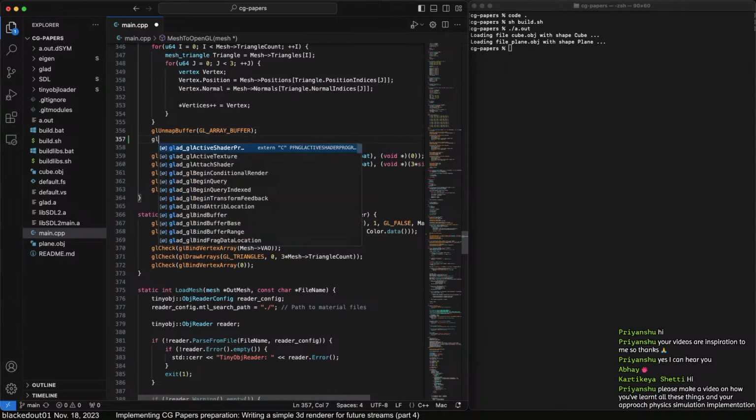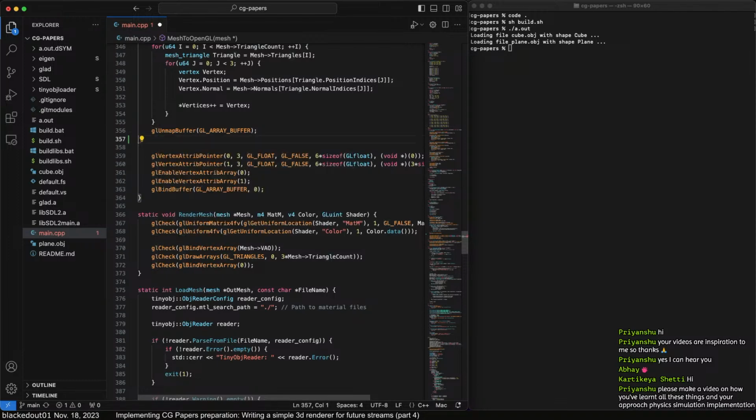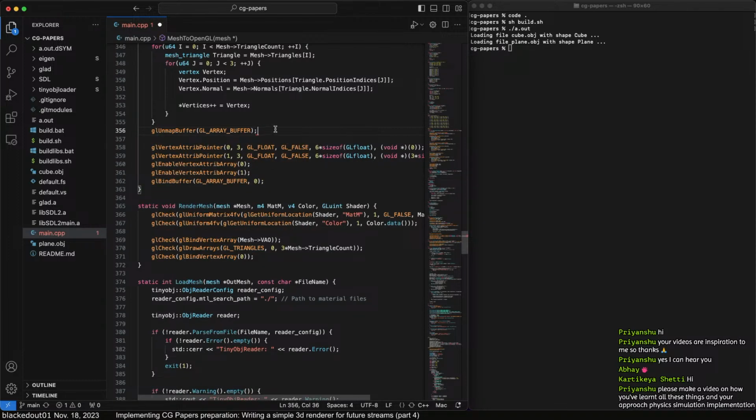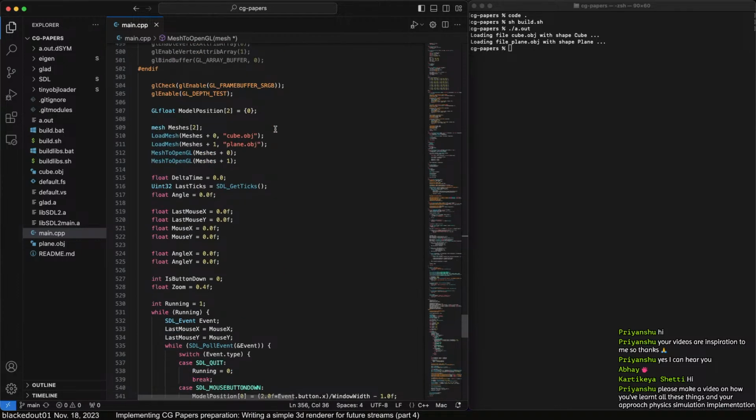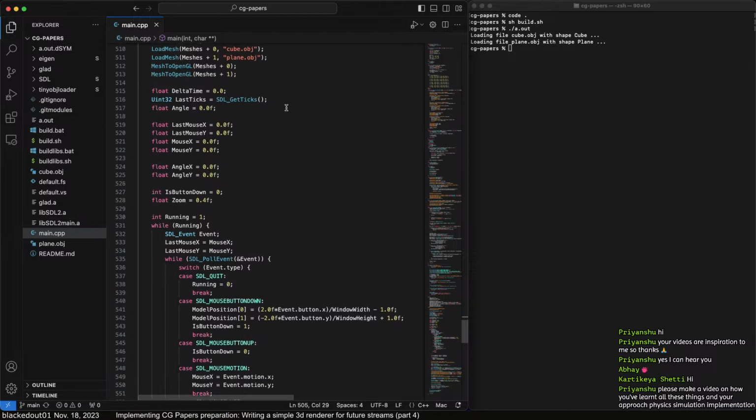For example, if I type something here, I get a bunch of suggestions. And I just want to try it and see how it goes.